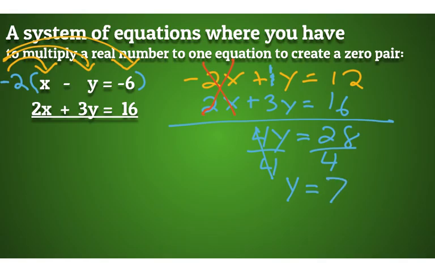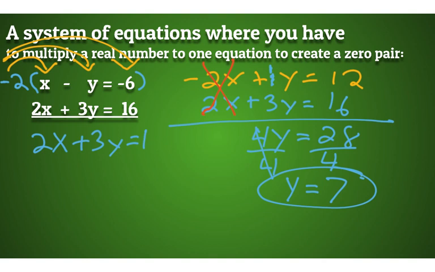So I'm halfway there. I know my y value. Therefore, I have to substitute it into another equation. I'm going to choose the one we did not play around with yet. So I'm going to plug that y value right next to the 3. And I'm going to solve for x.